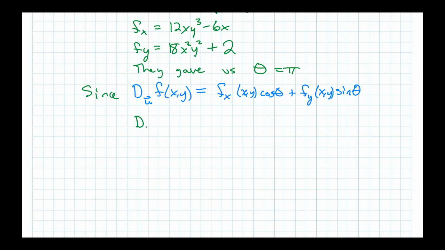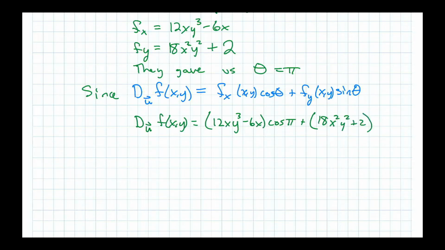So the directional derivative in the direction of u of f of x, y is fx, which is this. So parentheses, 12x y cubed minus 6x, times cosine theta, which I'll write right now, cosine pi, plus fy. Fy is 18x squared y squared plus 2, and then times sine theta, which is sine pi.